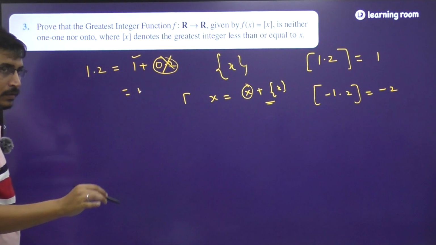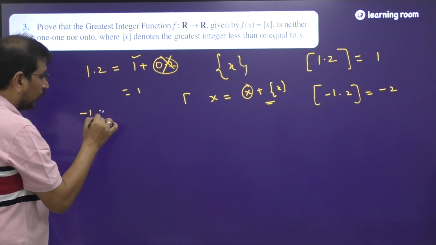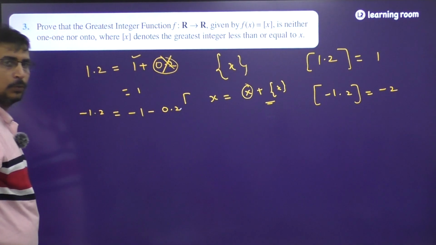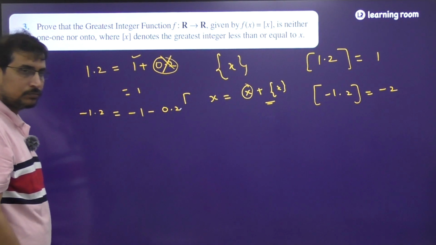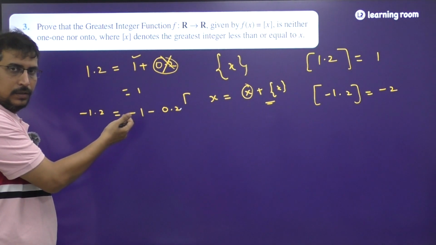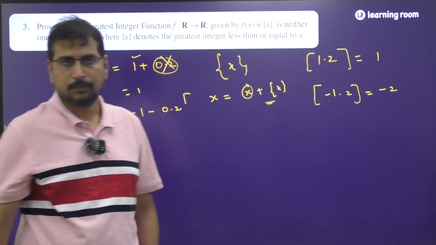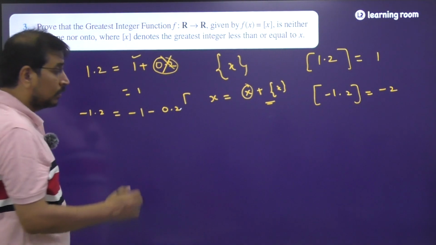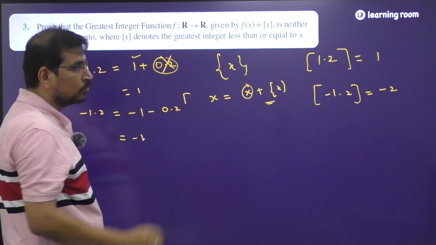Okay, accepted. But for minus 1.2, the answer should be minus 1 minus 0.2, no? Using the same logic, it should have been minus 1 minus 0.2. Then what should have been the greatest integer? But you told minus 2, no?